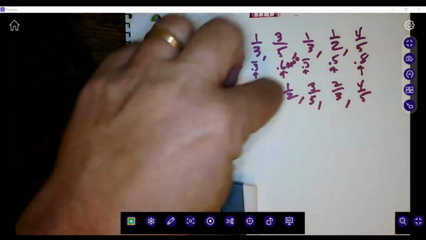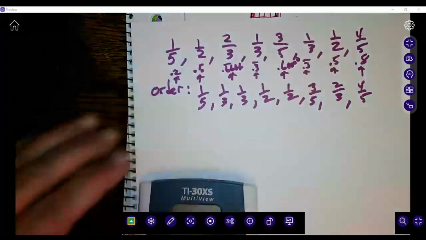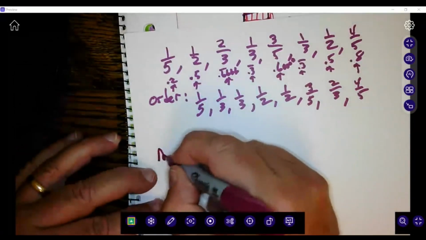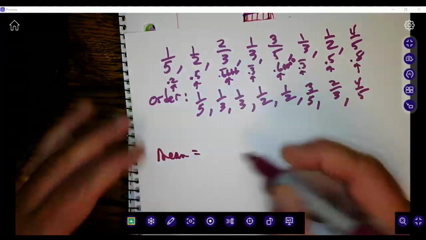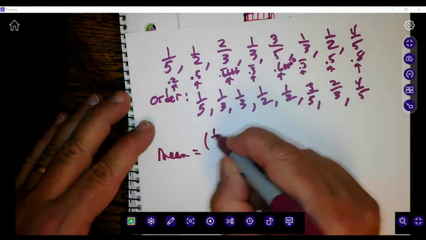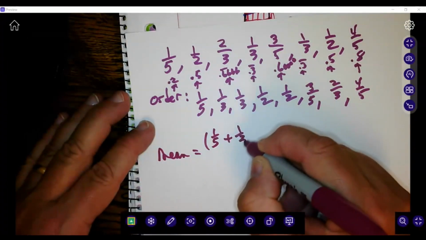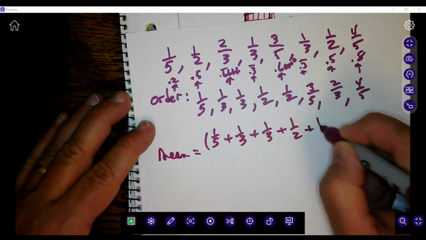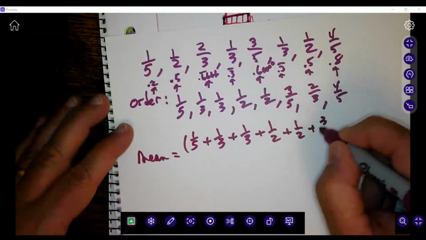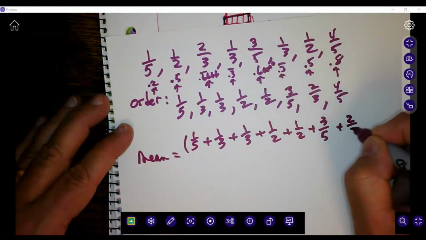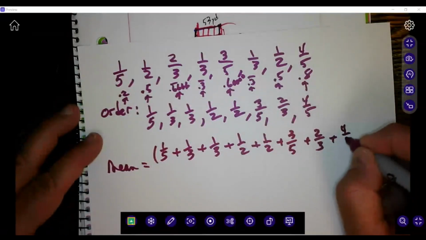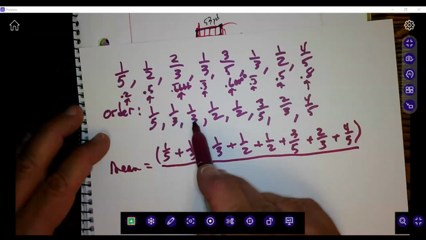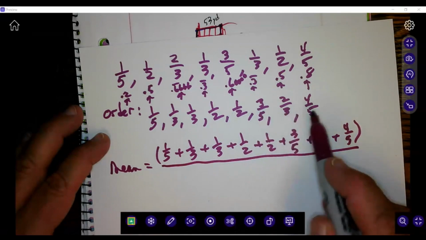And then going back to the original problem and putting the original fractions back in their place. So now that I have all that in order, the mean is the sum of the numbers, 1/5 plus 1/3 plus 1/3 plus 1/2 plus 1/2 plus 3/5 plus 2/3 plus 4/5 divided by, and we have 1, 2, 3, 4, 5, 6, 7, 8.